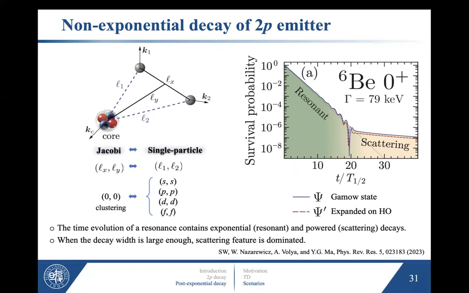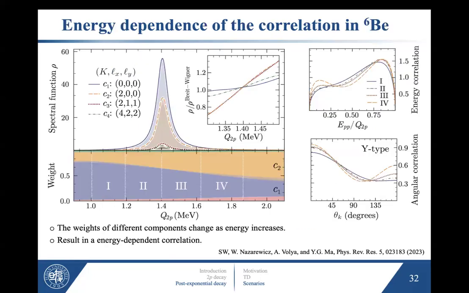As an example, we calculate the beryllium-6 decay survival probabilities. As expected, there are plateaus at large times, which correspond to this power-law decay. Moreover, the calculated spectral function, or the final state resonance peak, contains multiple configurations as we expected.